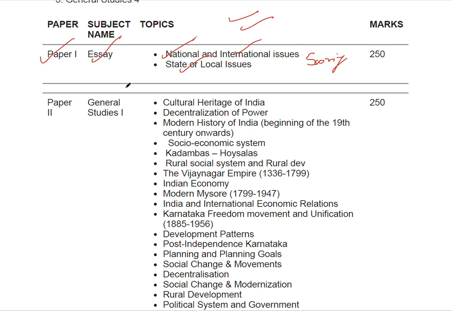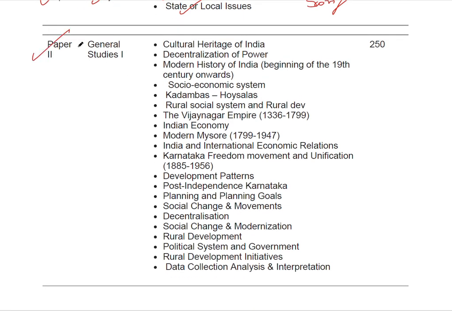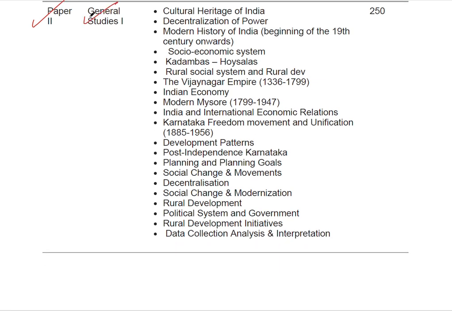Okay, let's see the next part, which is paper 2. In paper 2 you have general studies 1. So see here, cultural heritage of India, that means art and culture of India. Decentralization of power, that means distribution of power. Power means what? We are talking about political power.